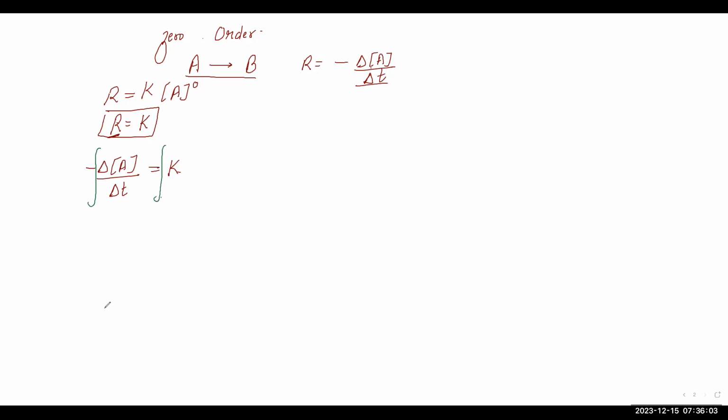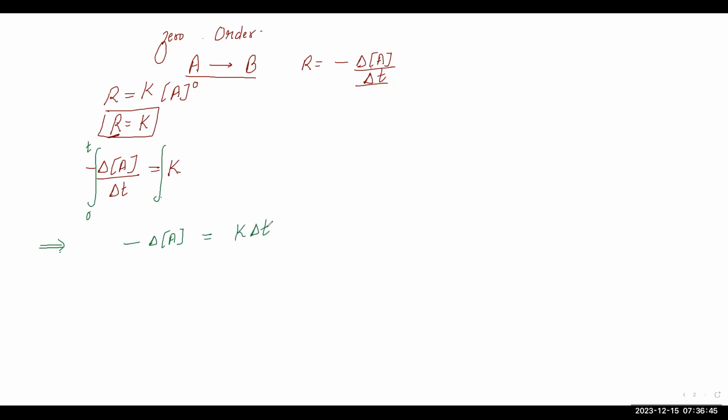Integrate means how to mathematically represent a change from 0 to t. 0 means when the time is initial, and t is after 10 seconds, 20 seconds, 30 seconds, 30 minutes, whatever time they are talking about in whatever units. So I'm going to integrate this equation from 0 to t. I will rearrange the equation like this: minus delta A is K delta t.